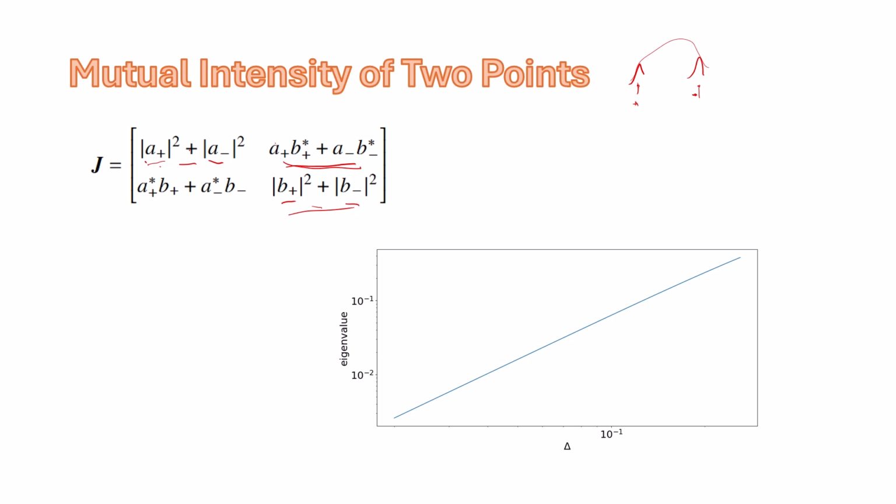So delta here is the separation between the 2 point sources, and here we're calculating this matrix and looking at its eigenvalue as a function of the separation. It turns out that it's proportional to delta squared, which means when we plot it on a log plot, we see this line, and the slope of the line is 2.